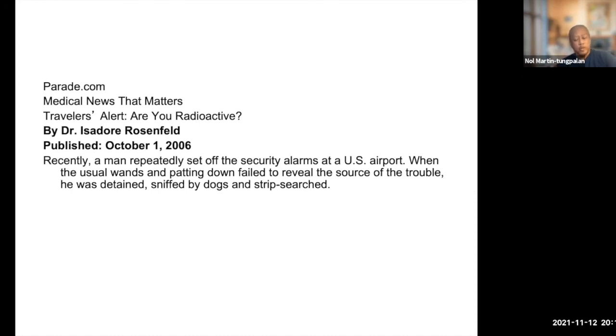This is a real life event that actually happened. I was just asking what might have been some of the assumptions, even before the strip search or them failing to find anything. And what do you think is actually happening?